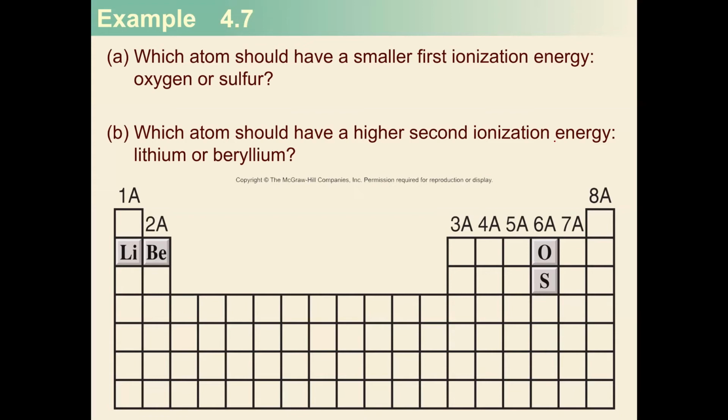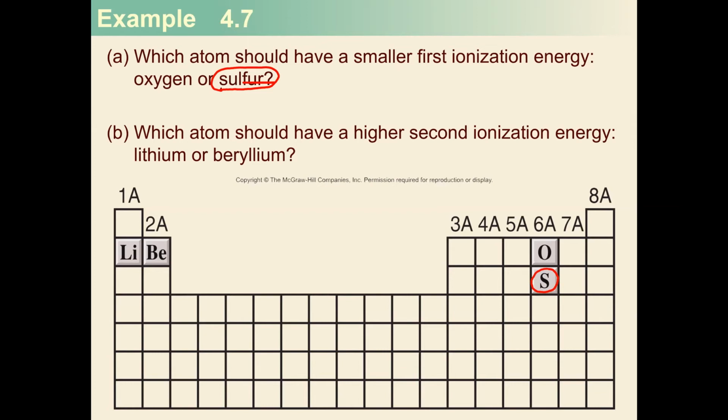Well, sulfur is going to have its valence electrons further away and is going to have a reduced effective nuclear charge. So in this case, we would expect it to be easier to remove the electrons on sulfur. So for our question A, sulfur is the correct answer. Now let's look at B.